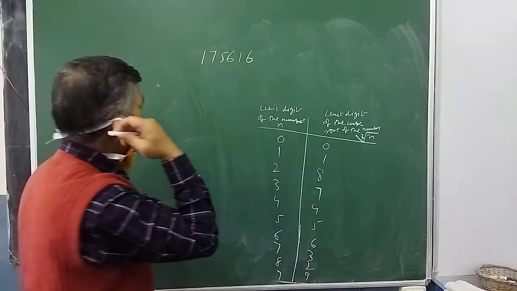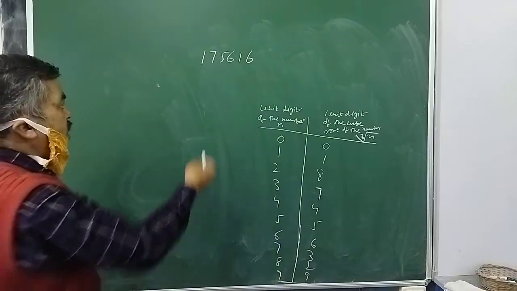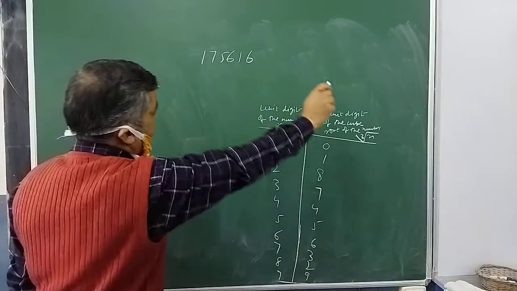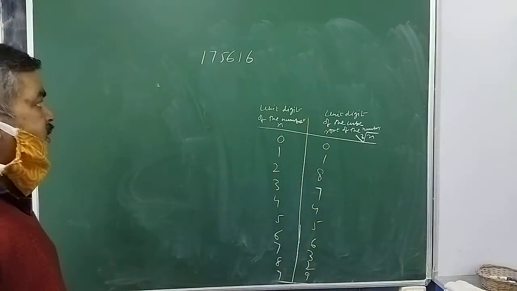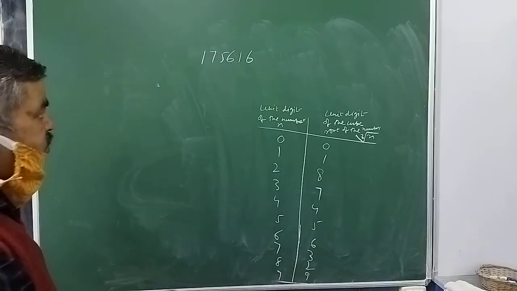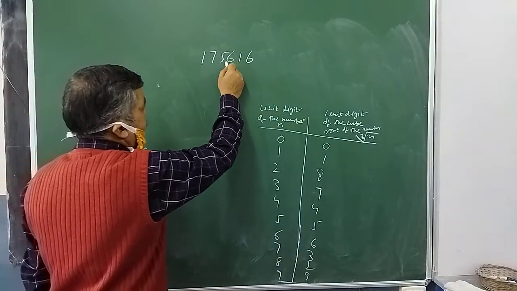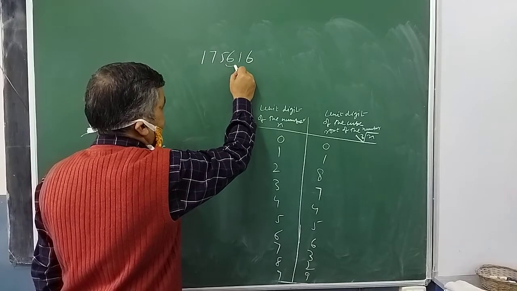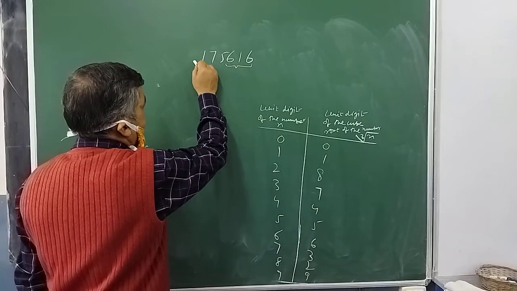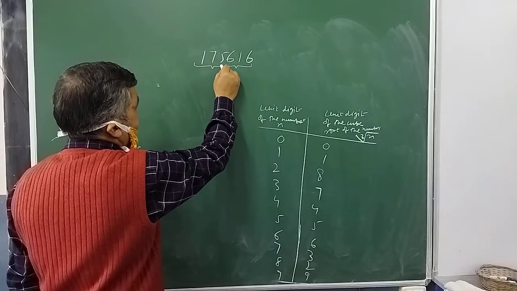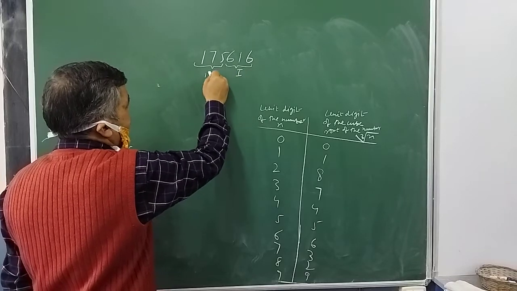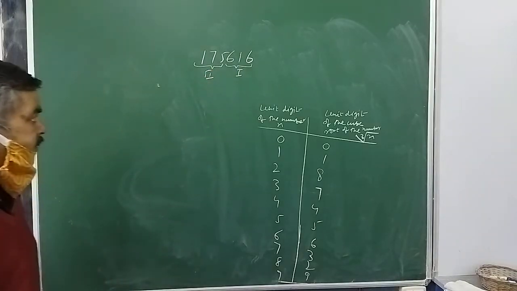Find the cube root of this. No doubt you have the option of the prime factorization method. But in the method I am sharing, you just divide the number into 2 parts, the first 3 digits and then the second 3 digits, like this.